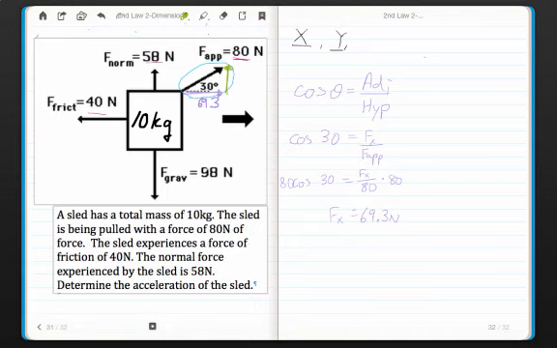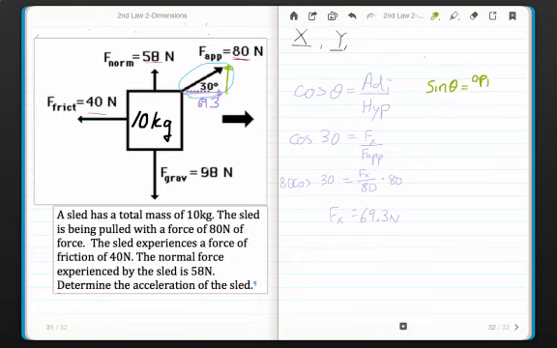Now let's find our y. The y is represented by the green, so we'll stick with the green. That green side is opposite of the 30 degrees, and whenever you're dealing with opposites, you're going to be dealing with the sine function. Sine of theta is equal to opposite over hypotenuse. We have sine of 30 is equal to f of y over the hypotenuse, which I'm just going to write in as 80.